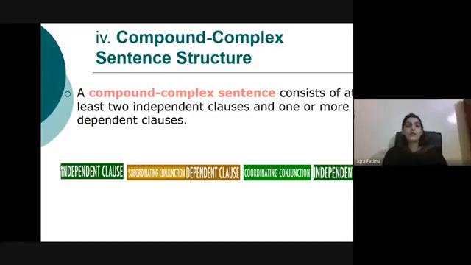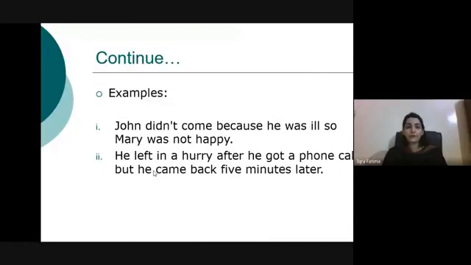Now you can see the structure: independent clause, dependent clause joined with a subordinating conjunction, coordinating conjunction before the independent clause. Now you can see here is an example. John did not come because he was ill, so Mary was not happy.